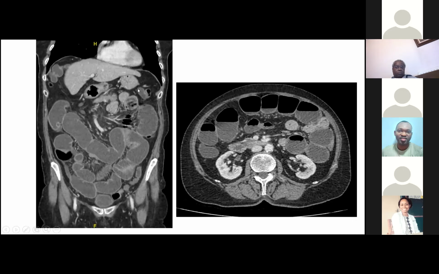The reason is that even if the plain film shows you distended loops of small bowel and normal caliber large bowel, and you make a presumptive diagnosis of small bowel obstruction, there are cases where it could be an ileus, for example, secondary to something else. Whilst we suspect small bowel obstruction, there are mimics of that, and we know that. So I prefer in these cases to just go all the way and go for a CT scan.